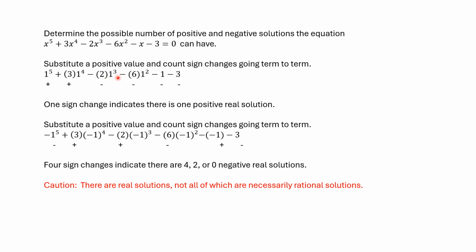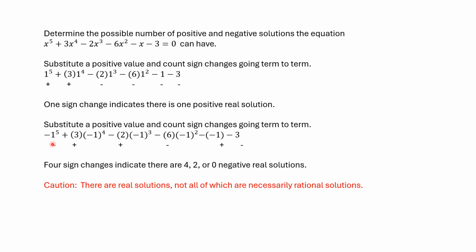Negative 2 times 1 cubed is negative. Negative 6 times 1 squared is negative. Negative 1 times 1 is negative, and negative 3 is negative. I have one sign change right here. So I only have one positive solution.